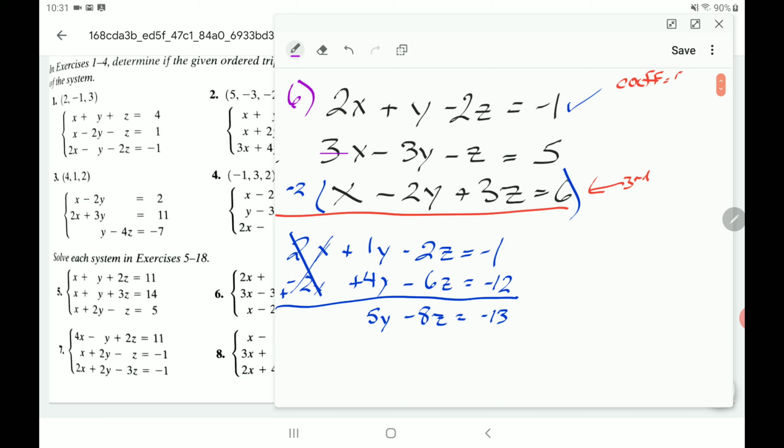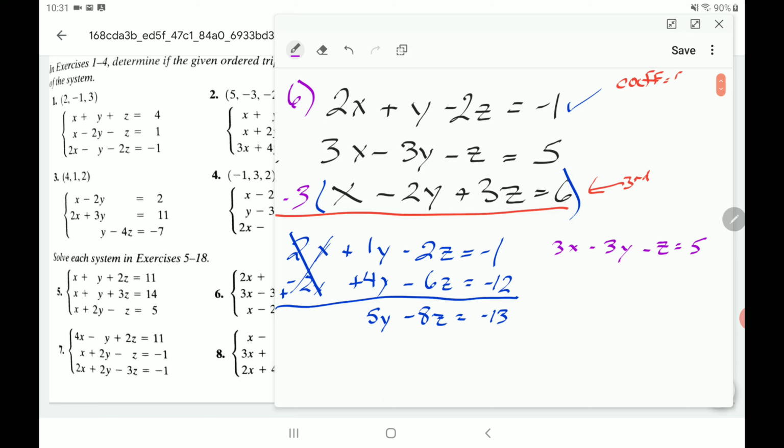So now I'm going to get rid of this 3. So I'm going to use this equation again. I don't really need that 2 anymore. Good thing I'm taking video of this. So now to get rid of that 3, I'm going to multiply it by -3. That way it's going to cancel out that 3. So we have 3x minus 3y minus z is equal to 5.